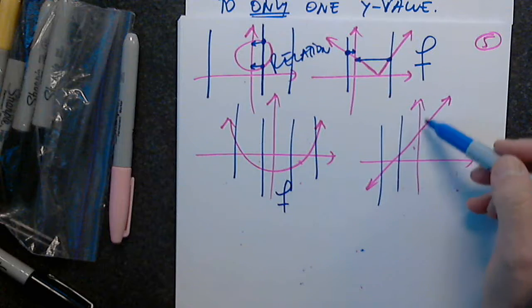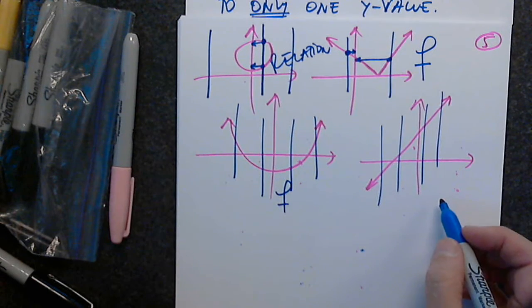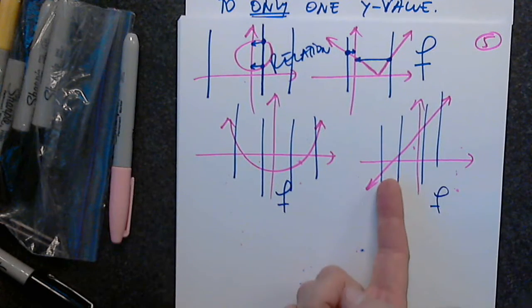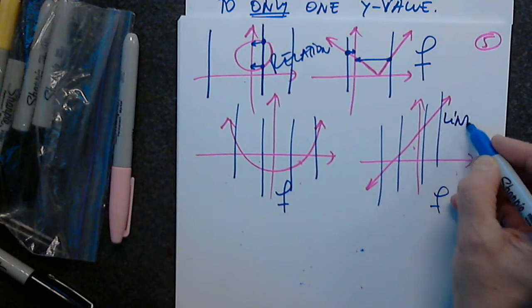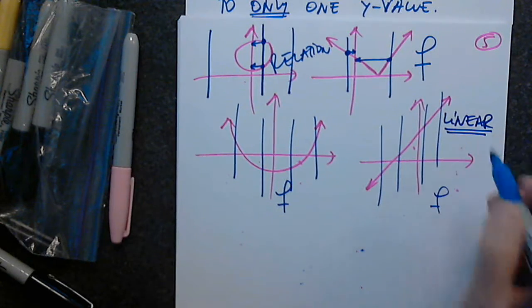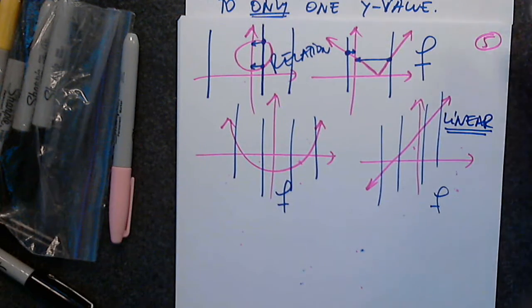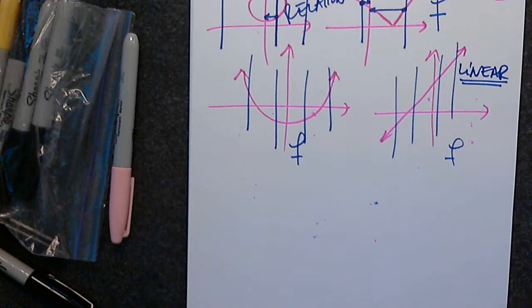What about this one? Function. This one we graphed last time. What kind of a function is this? Very good. Linear function. Great job. Any questions?